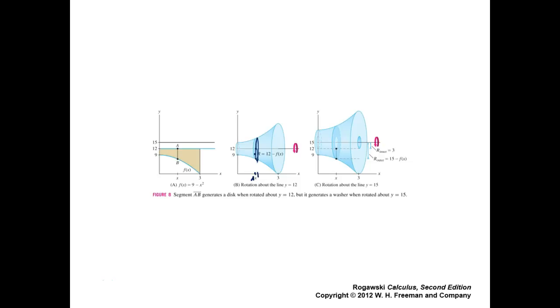So 12 minus 9 minus x squared, that would be what? 12 minus this would be 3. 12 minus 3.